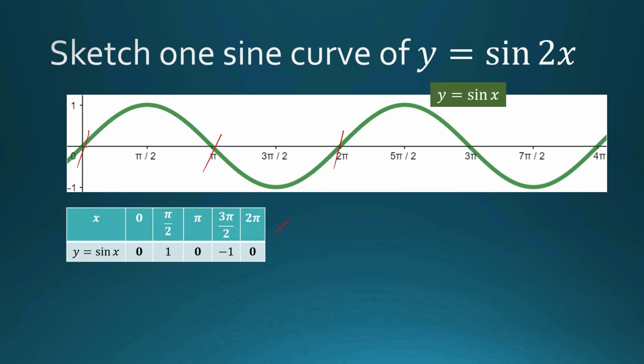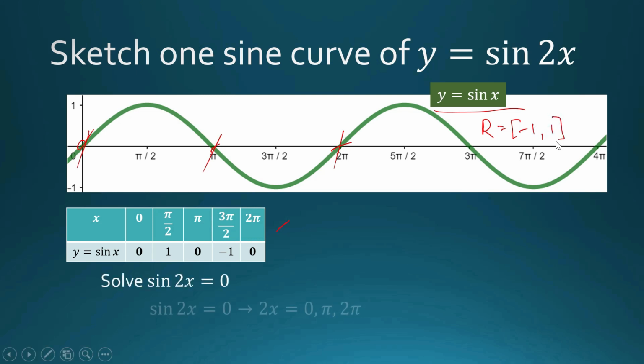So we will pay attention to the x-intercept. Where will the graph intersect the horizontal axis? And you know that the range of this function is negative 1 to 1. So the maximum value of your sine function is 1. The minimum is negative 1.